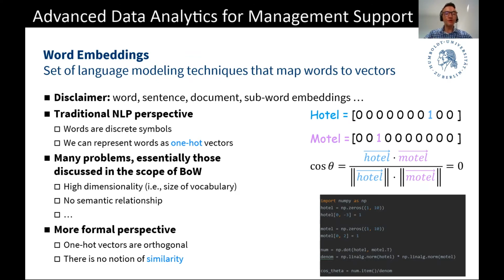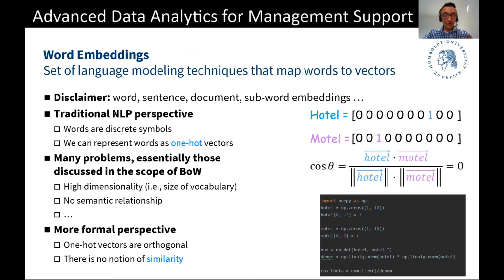That's just a dummy coding of words. It's like a categorical variable that has as many levels as you have words in your vocabulary, and you encode this category variable using dummies. That's a way to look at it from the perspective of my winter lecture, Business Analytics and Data Science, where we did just that.